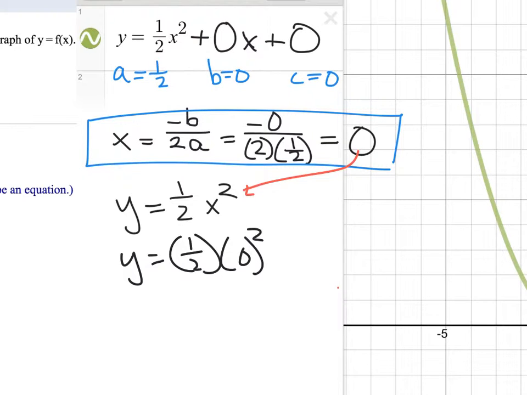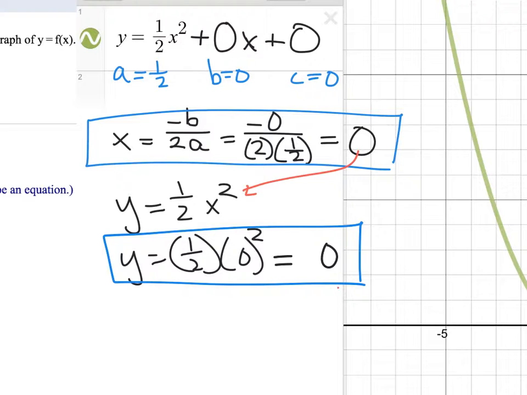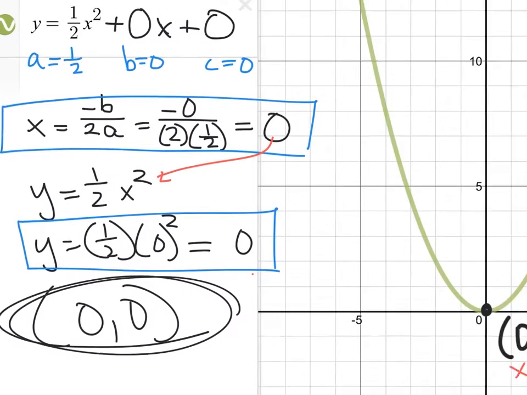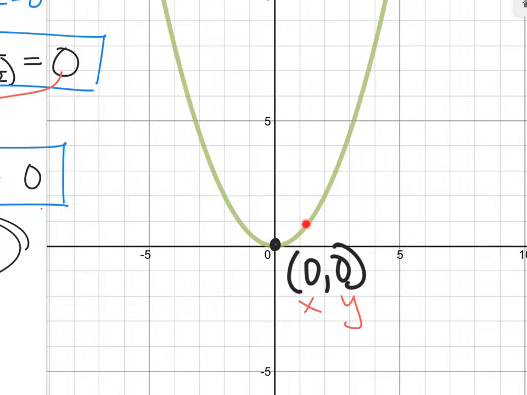Well, 0 times anything is 0, so this equals 0. So that tells us that the y value is 0. So if the x value is 0 and the y value is 0, that tells you your vertex is 0, 0. And that's what we knew all along because we used Desmos.